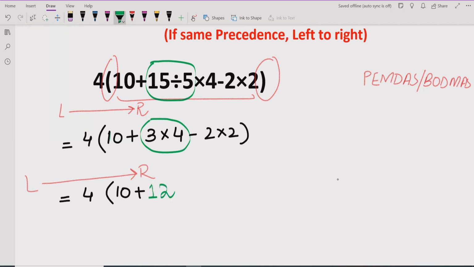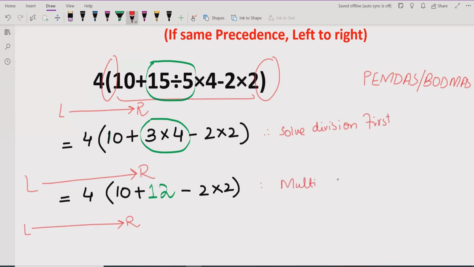So we write 12 here, and again write the other terms as they are. Now we go left to right again. Here we give the reference: solve division first, then here we solve multiplication. Now we move forward.